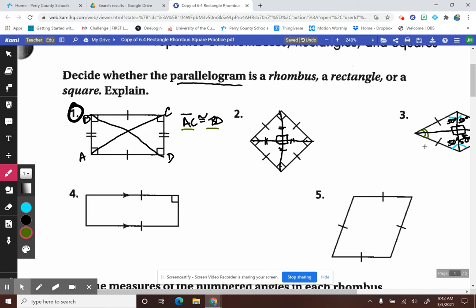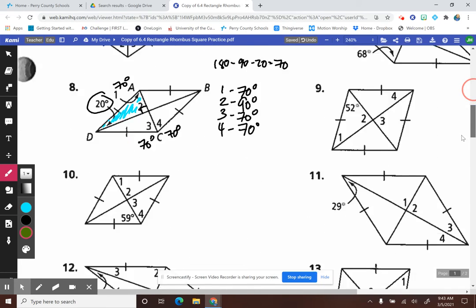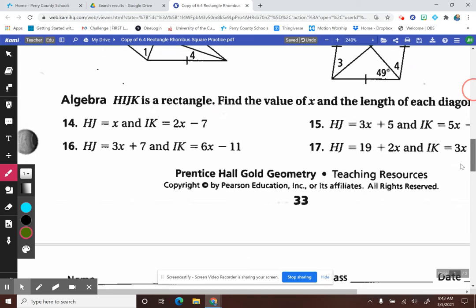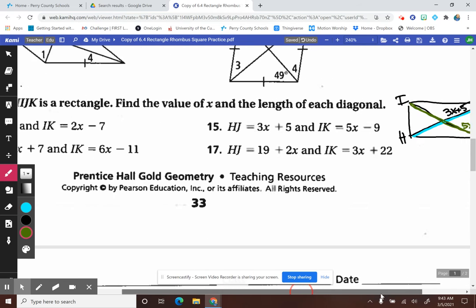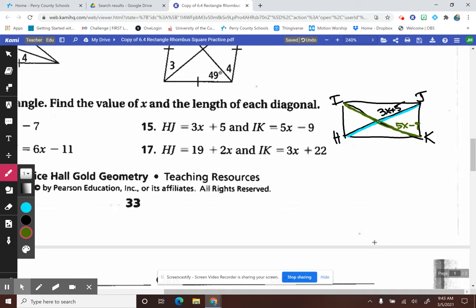So if the diagonals of a rectangle are congruent, then that means that these two things that I'm looking at over here in number 15, I'm sorry if I'm making you dizzy, these two diagonals have to be congruent or equal. So literally, guys, all you have to do on these problems is take the 3X plus 5 and set it equal to 5X minus 9.